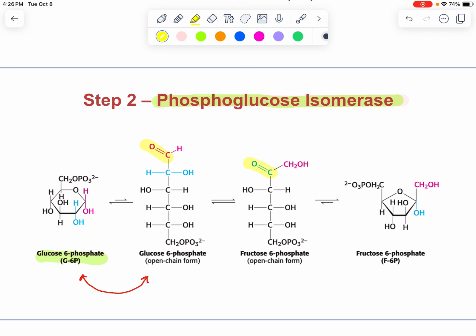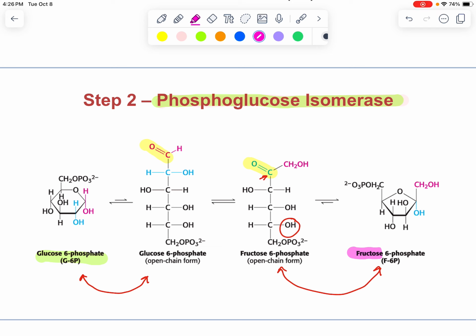So now we also have an equilibrium between the open chain and the ring structure. But now, when this oxygen comes around and attacks that carbonyl carbon, we're going to get a 5-member ring. Okay, we're going to get that fructose ring. So now it's fructose 6-phosphate. All right, so that was our isomerase.